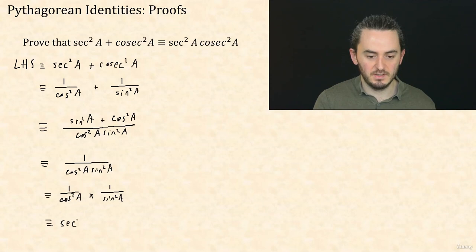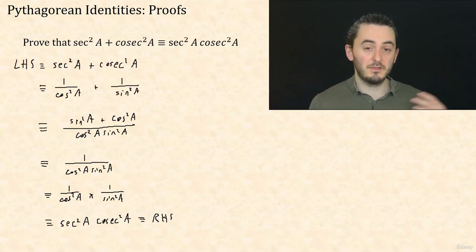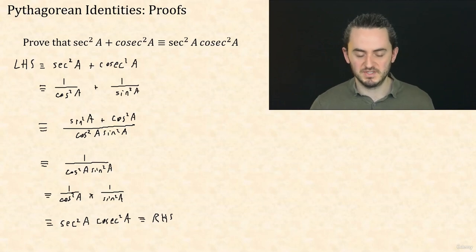It's sec squared a times cosec squared a, and that is indeed the right-hand side, and we're done. So that was different to the first one in that we had to actually stitch things together. The structure was different. It wasn't just about pairing terms up on either side.